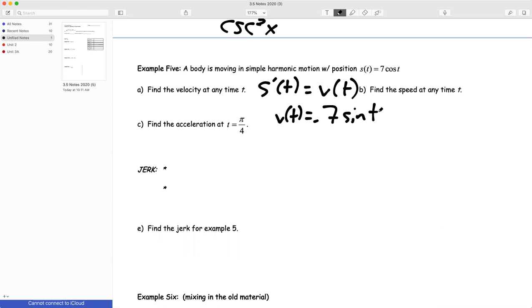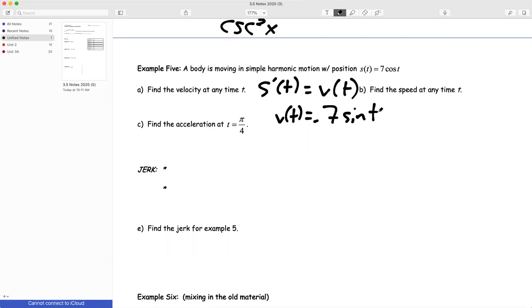When you take the derivative, you just change the trig function, not the t. You do not change the t.